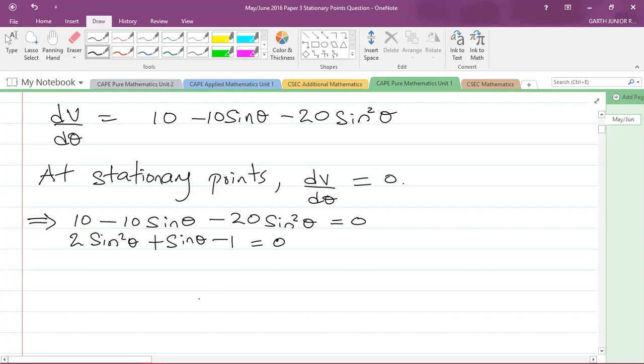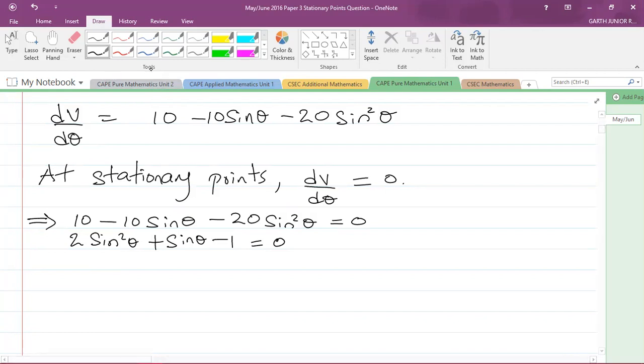Okay? Great. Now, if you observe carefully, we have a quadratic equation here, all right, in terms of sine theta. So I'm going to solve this quadratic equation, okay, by using the method of factorization. So I'm going to factorize the quadratic expression on the left-hand side, okay?